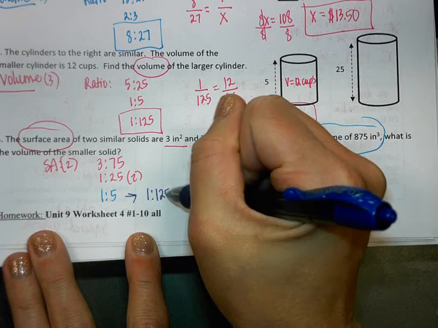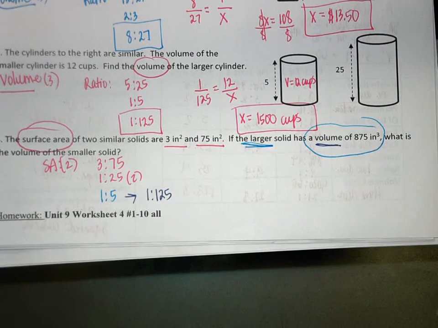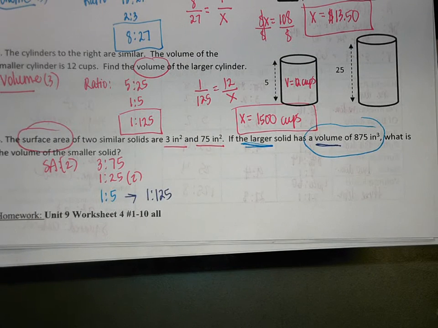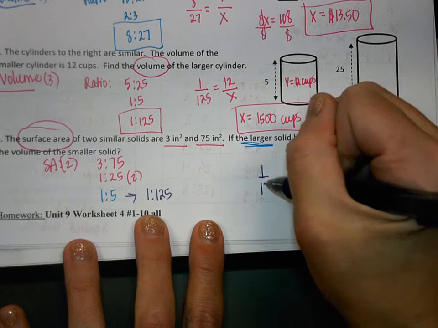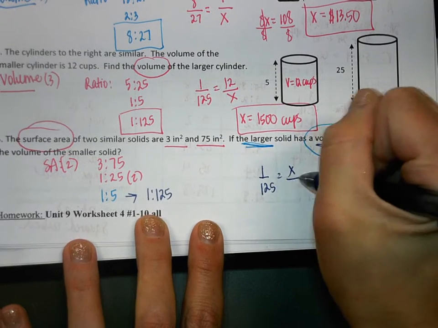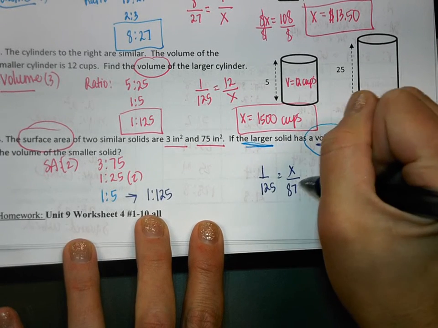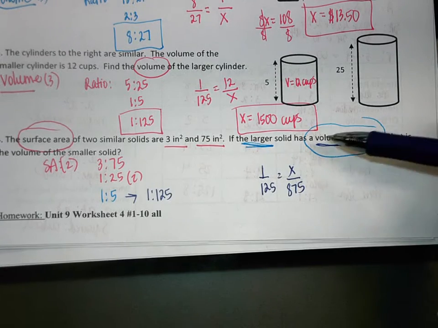Okay, I'm going to give you another 10 seconds to set up your proportion. Okay, can somebody that hasn't shared anything with me tell me what it is? Sochi. 1/125 equals x over 875. Perfect. Why did she put x on top this time and 875 on the bottom?